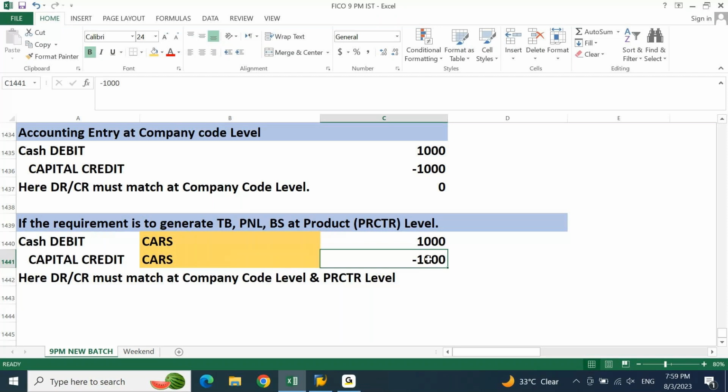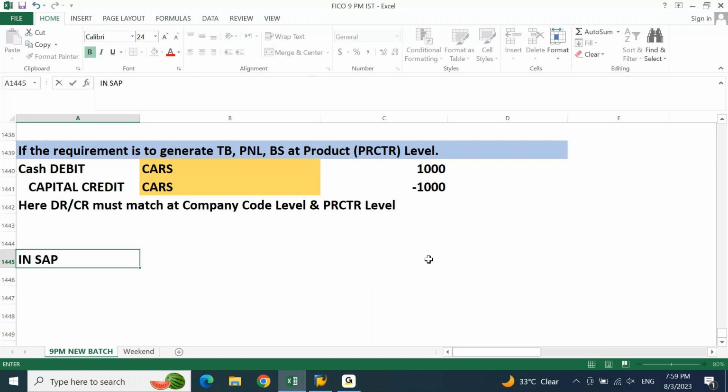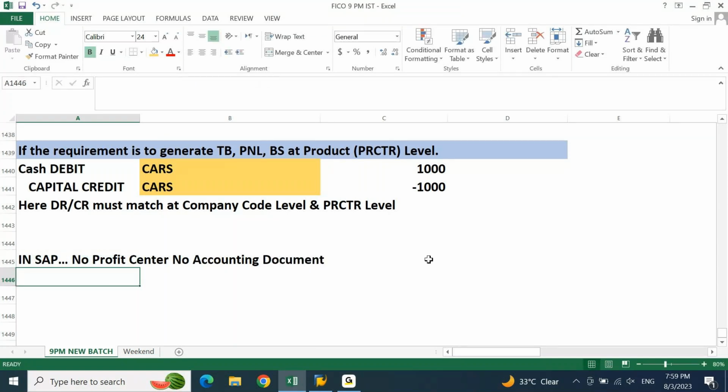Now another point you need to remember in SAP: no profit center, no accounting document. Simple statement you need to understand. In SAP, no profit center, no accounting document.